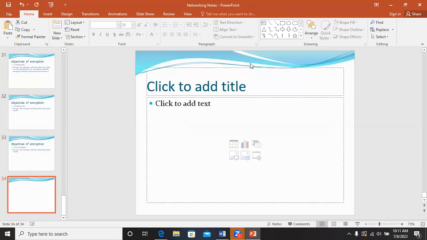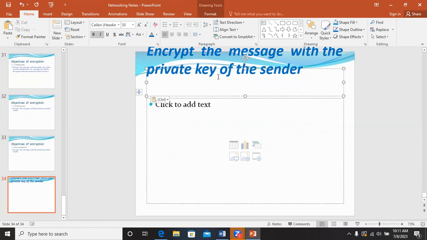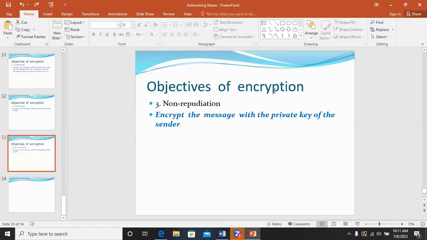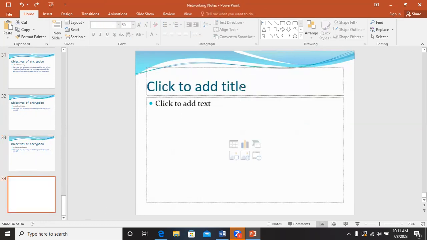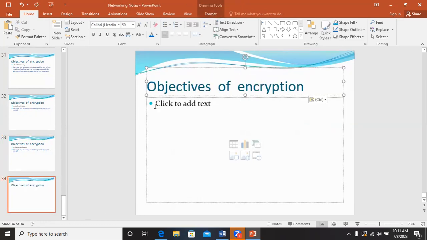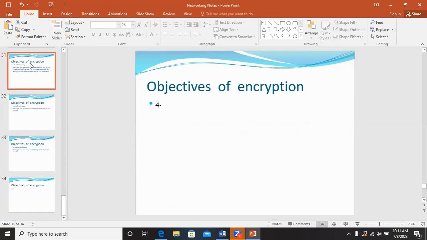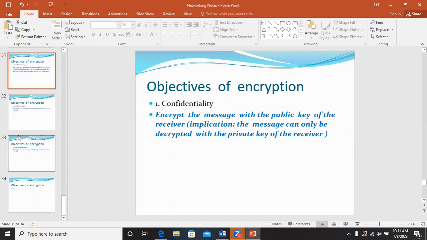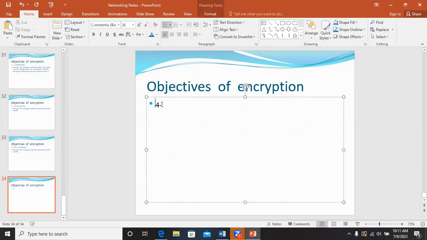The fourth objective of encryption. So we have confidentiality, we have authentication, we have non-repudiation. The fourth one is integrity.